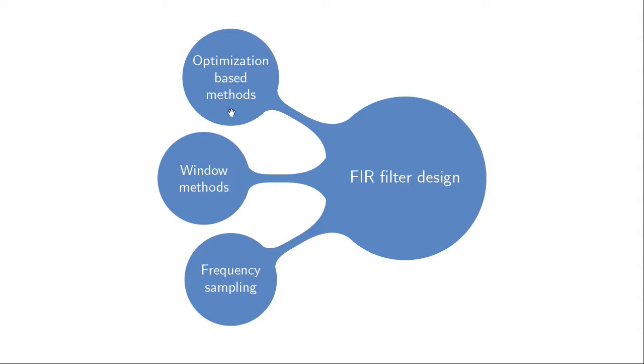Or if we specify the order of the filter, we could ask for a filter that has a certain ripple in the pass band, but as low ripple as possible in the stop band, for instance. But these filter design methods typically require mathematical tools that will not be required for this course, so we'll skip the optimization-based methods and concentrate on the window-based methods and the frequency sampling method.